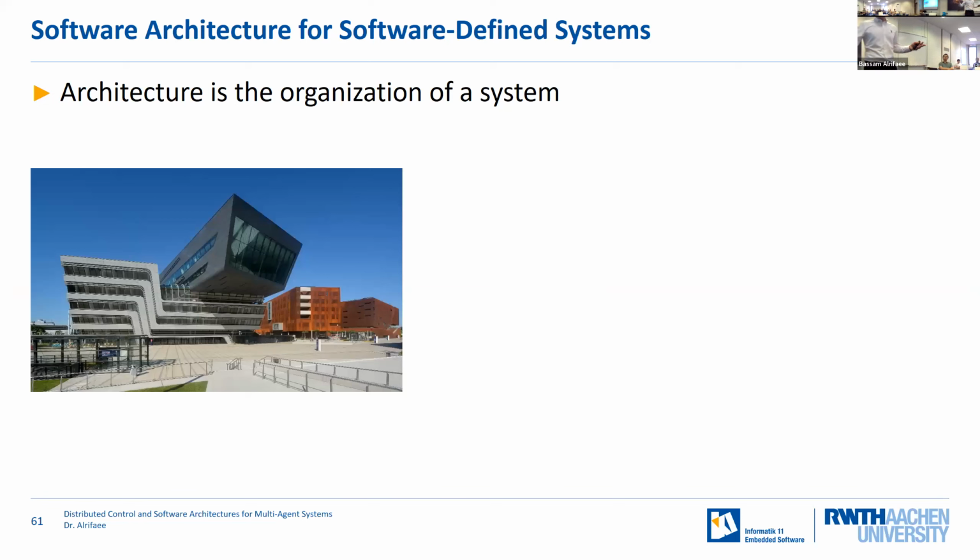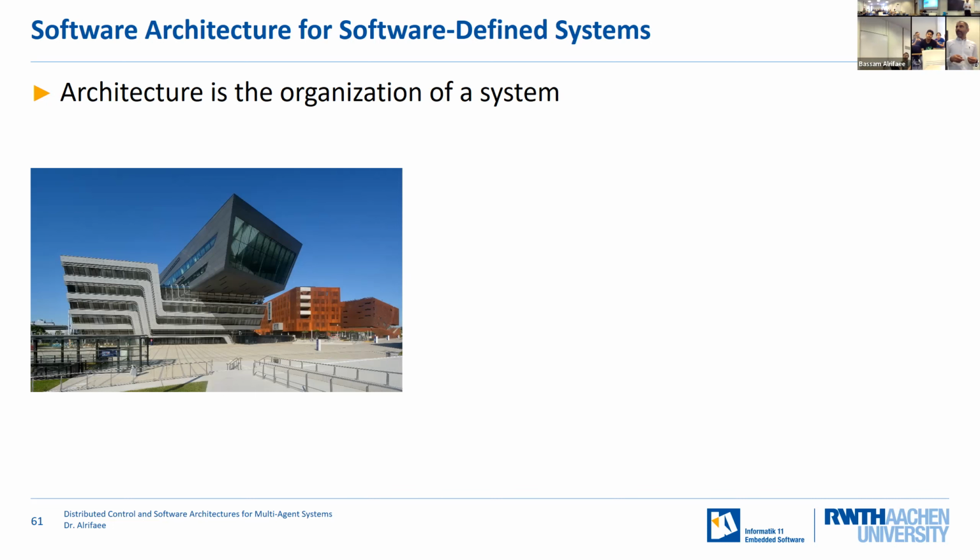And now I talked a lot about connected and automated systems, vehicles, and so on. And sometimes I use the word architecture, and I would like to introduce you, especially the guys from the mechanical engineering department, to some aspects of architectures.